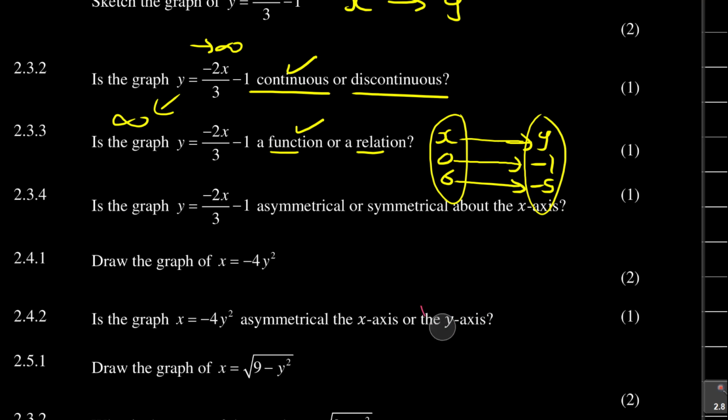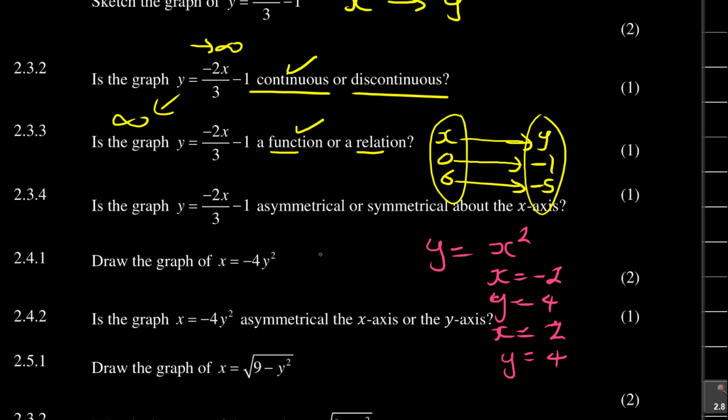Let's say, for example, y is equal to x squared. Let's use that one. So now look at this. When x is equal to -2, y is equal to 4. And when x is equal to 2, y is equal to what?